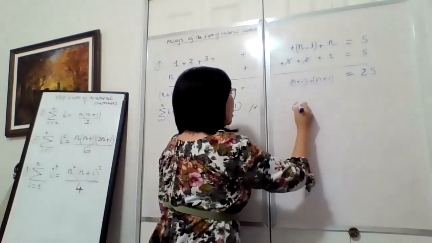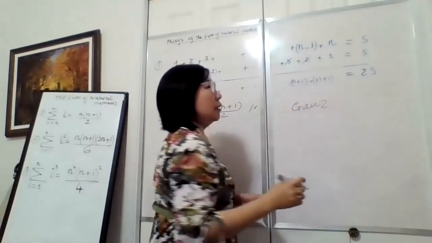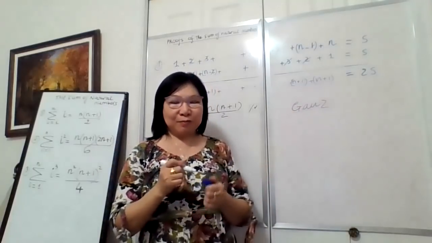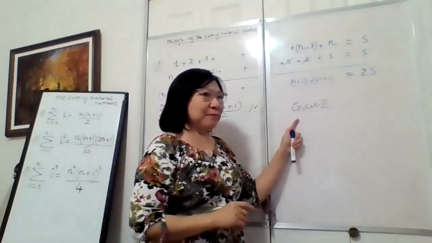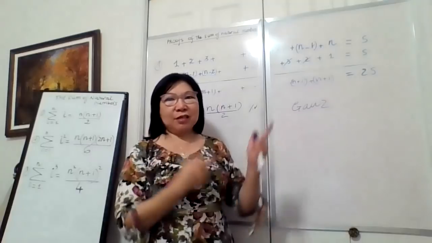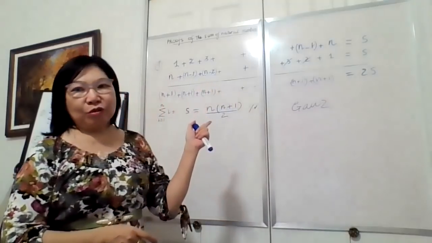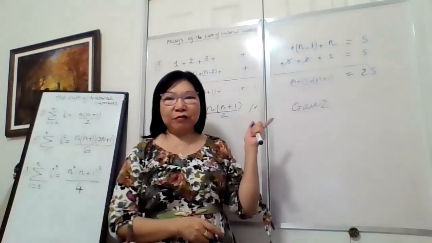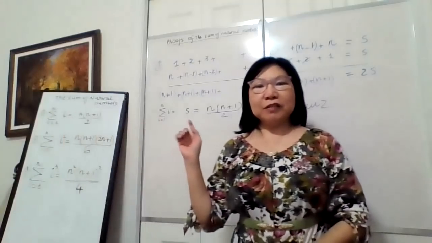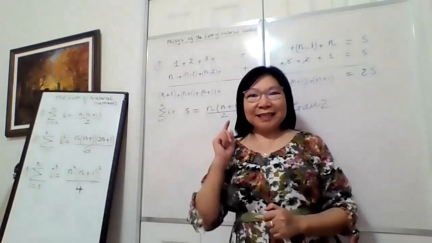I don't remember what his last name is. I should remember, actually, but I just remember his first name, okay? So he came up with this famous proof of the sum of natural numbers. So that is the first proof I show you.